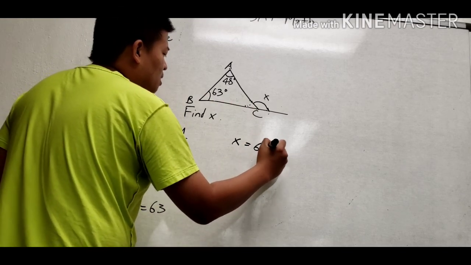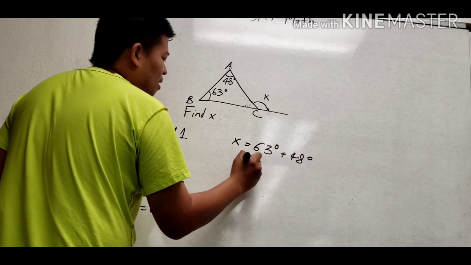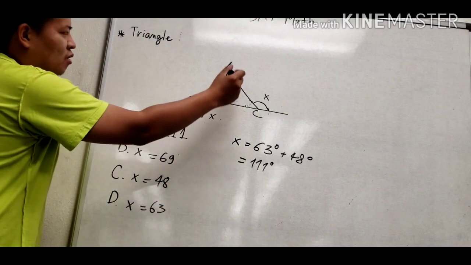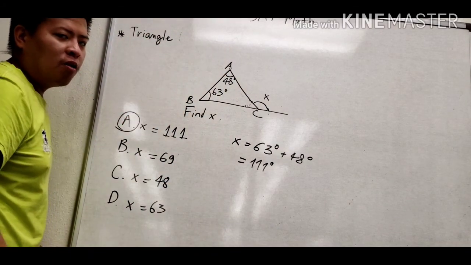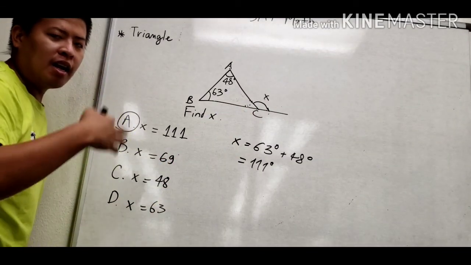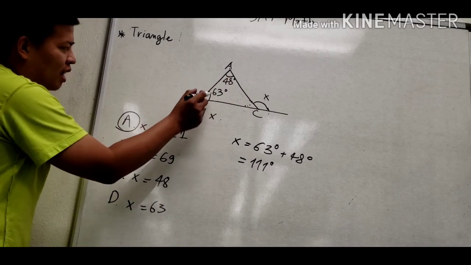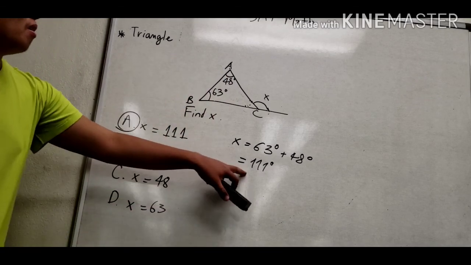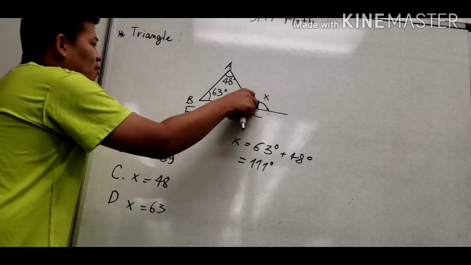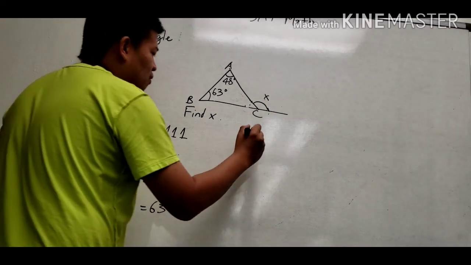It will be 63 plus 48, which becomes 111, because the sum of three angles is 180, and the sum of C and S is 180 again. That's why 48 plus 63 becomes 111 for the outside S. So this is the formula you need to learn, and that's why we have this formula.